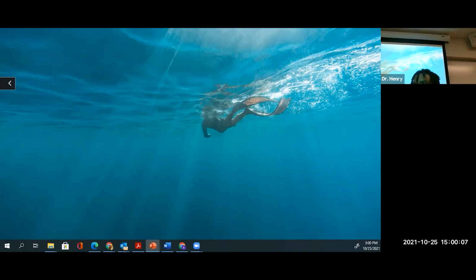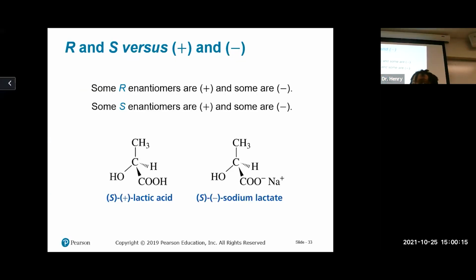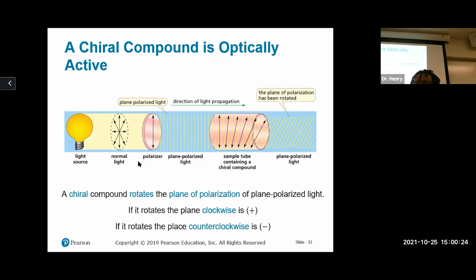Yes, it has to do with polarization, with how things are polarized. Some R's are pluses, some S's are pluses. It all has to do with that polarization.